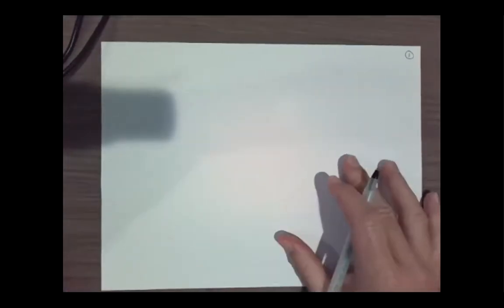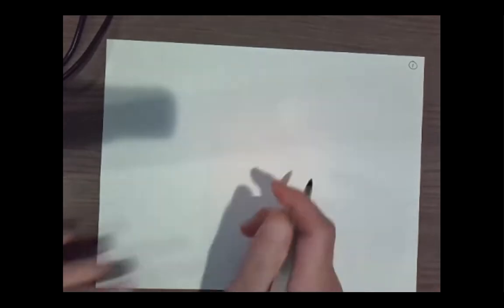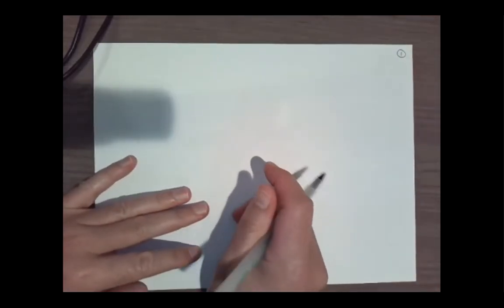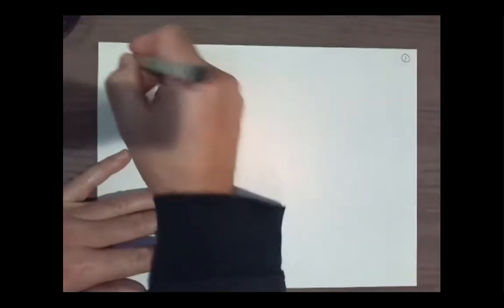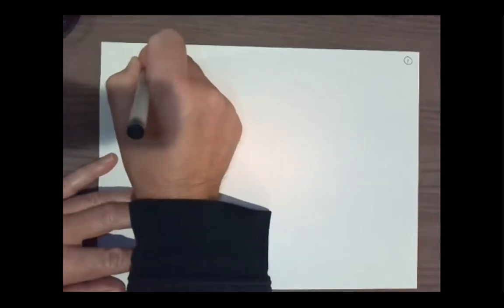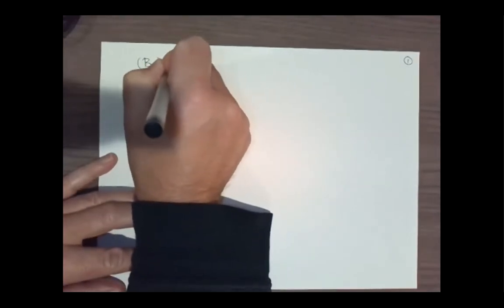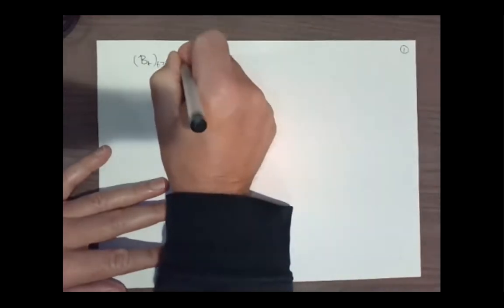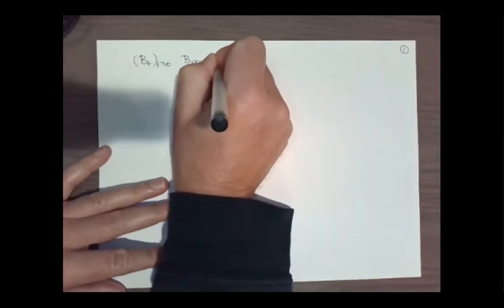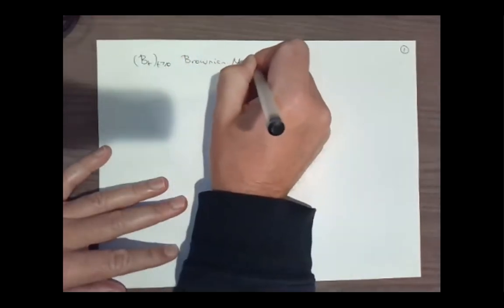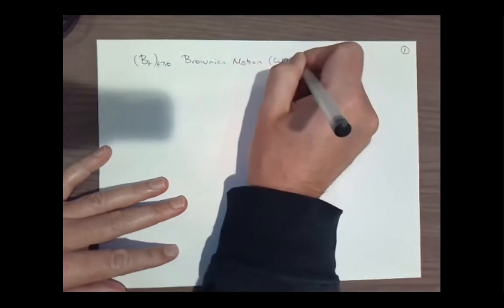So we are working ourselves into continuous time finance, and at this point we have an object which we call a Brownian motion. Some people call it the Wiener process.